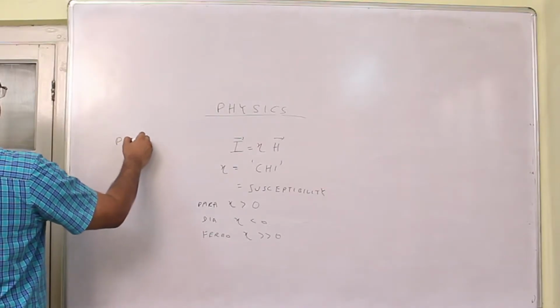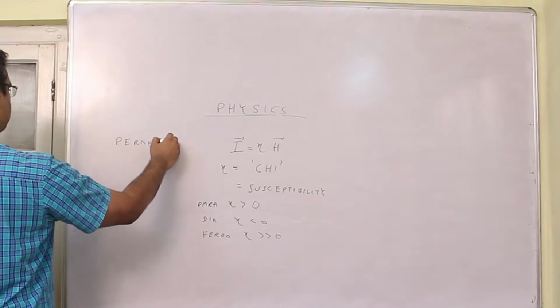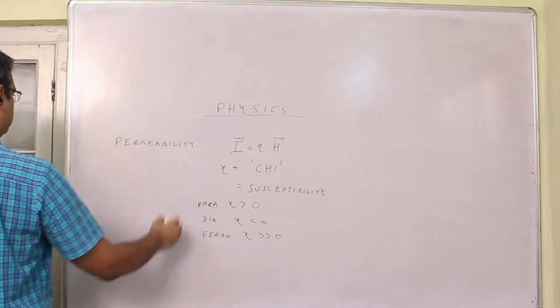There is another measure of magnetism of a substance, called permeability.